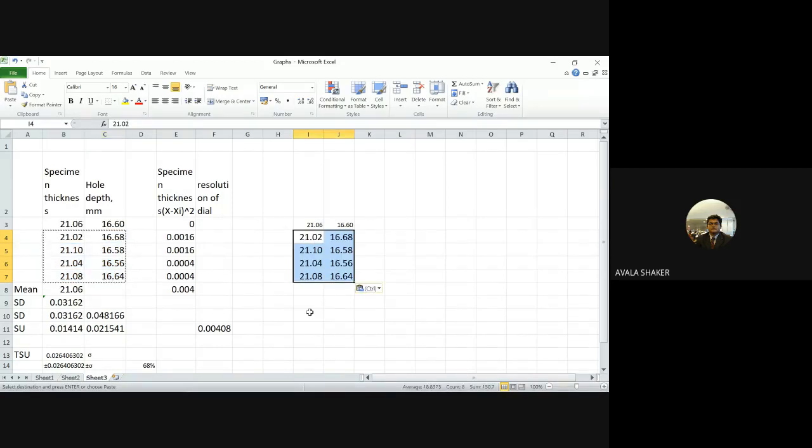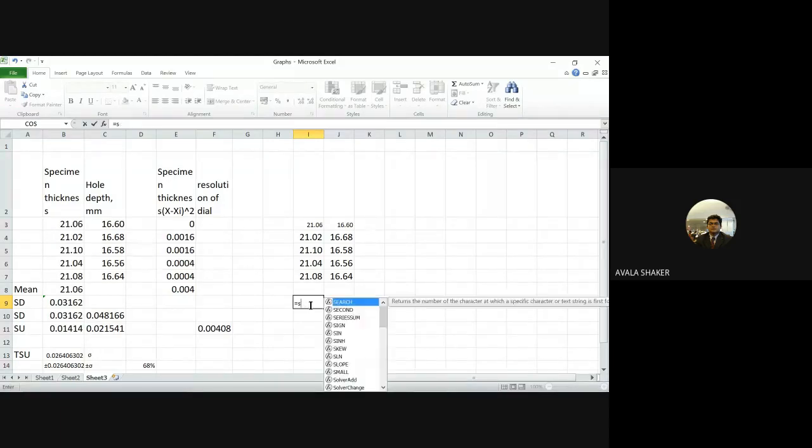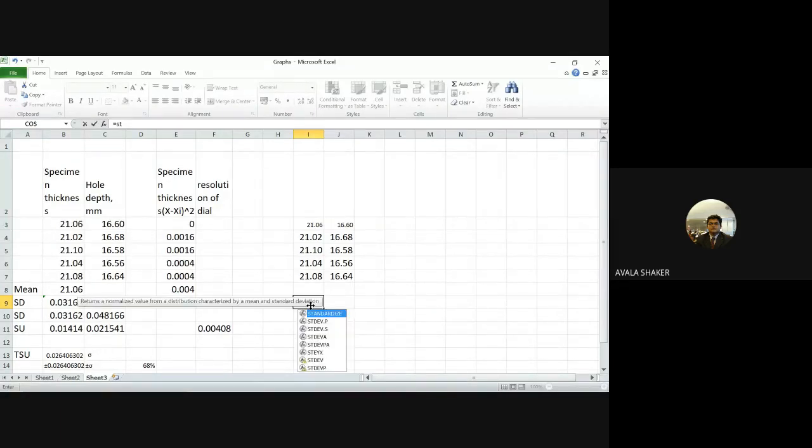So we can straight away calculate the standard deviation. Now, this is a sample. Here you can see there is standard deviation of population and standard deviation of sample. Standard deviation of sample will have n minus 1, and when you take population it will be n.